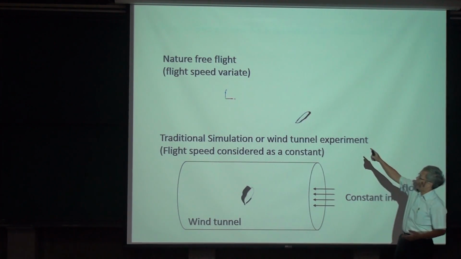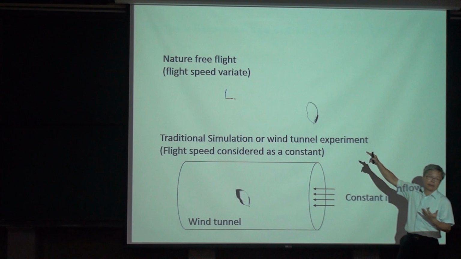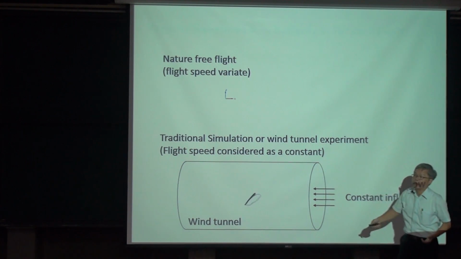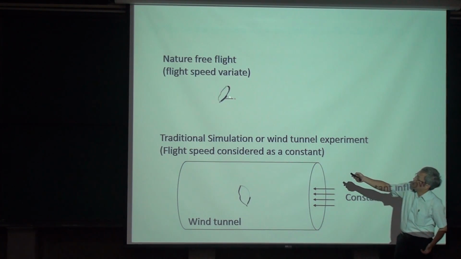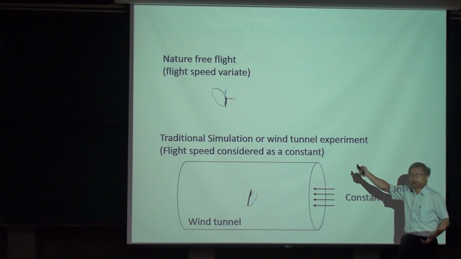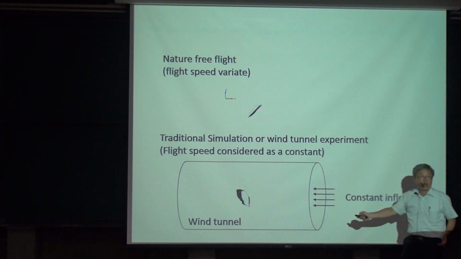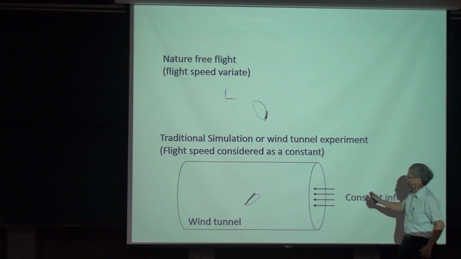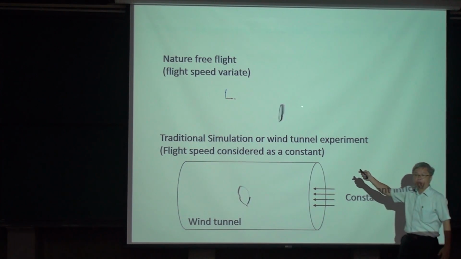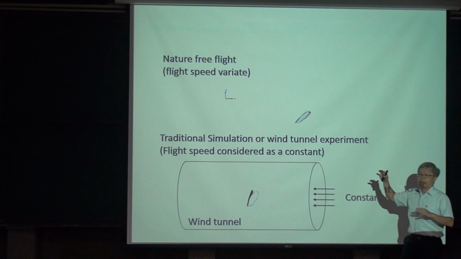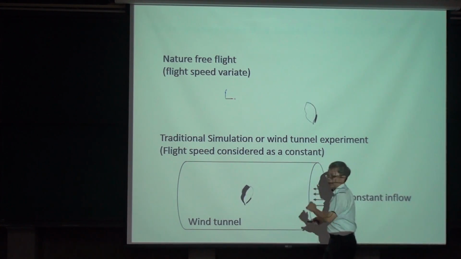So we want to find what the differences are between them. My case is free flight, and most people do a fixed position with constant velocity, but we have different velocity according to the procedure I just mentioned.